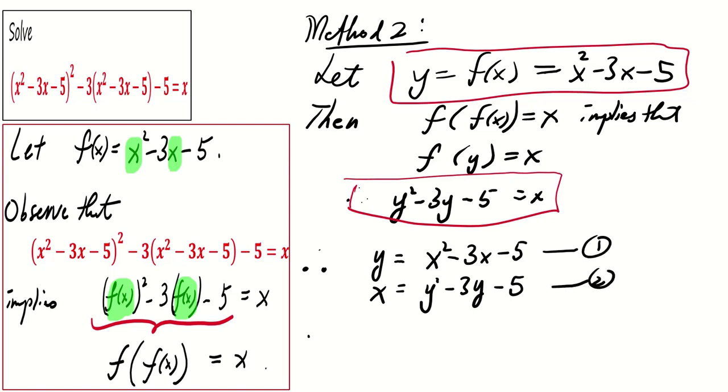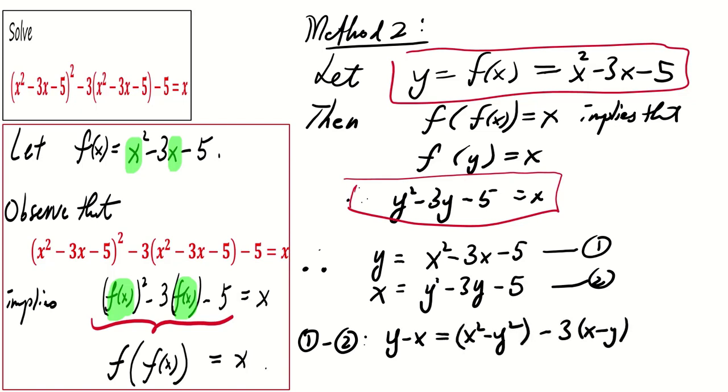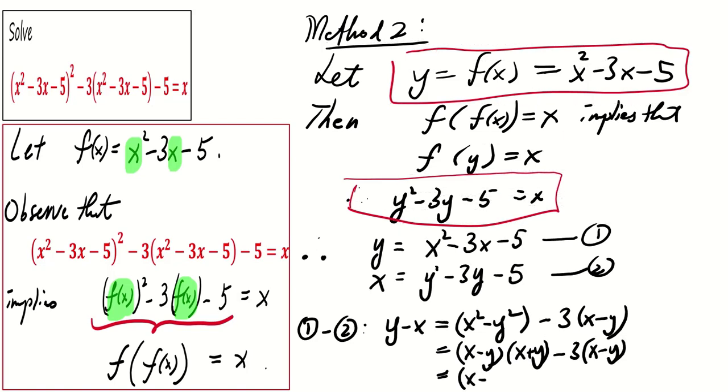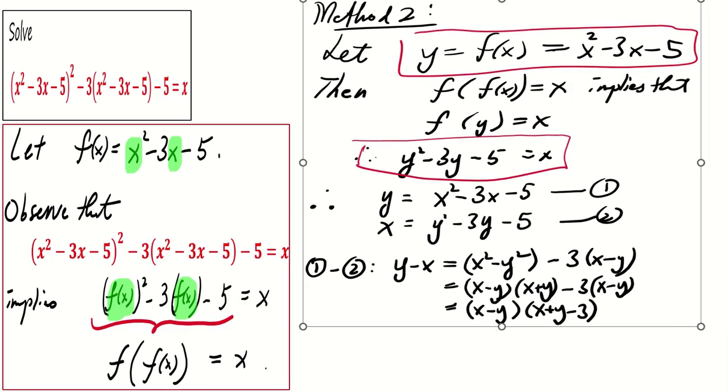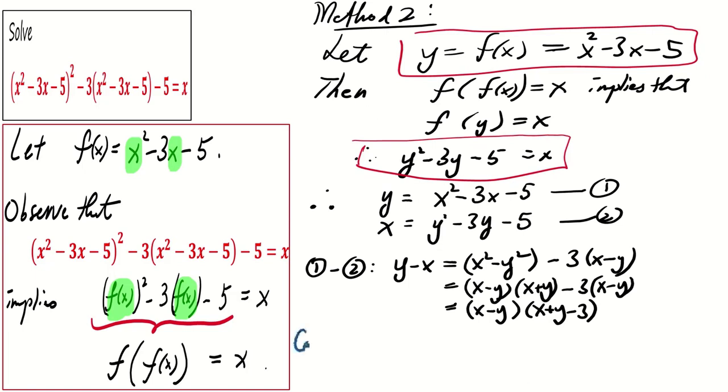Now consider equation 1 minus equation 2. From the left-hand side, we have y minus x. From the right-hand side, it is x squared minus y squared minus 3 of (x minus y). We can factorize x squared minus y squared as (x minus y)(x plus y). From the right-hand side, we obtain (x minus y) times (x plus y minus 3). So we consider two cases, where case 1 is y equals x.